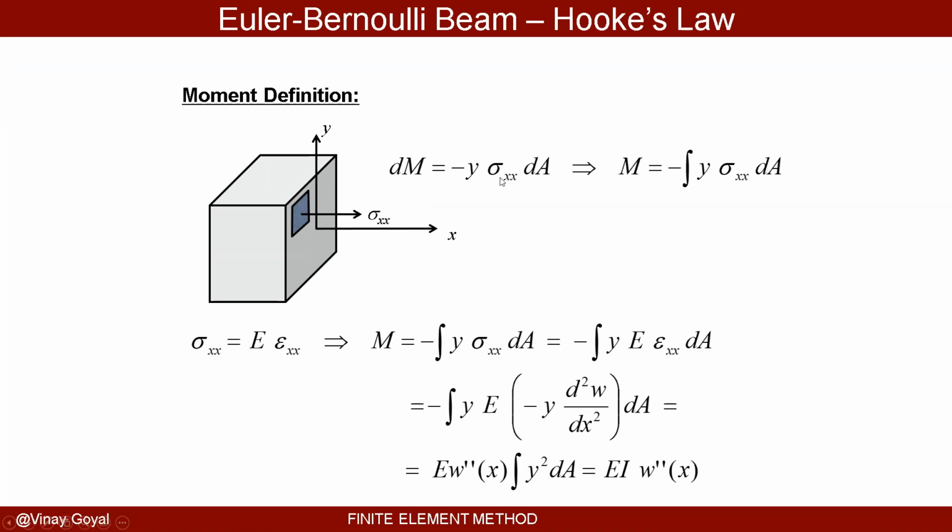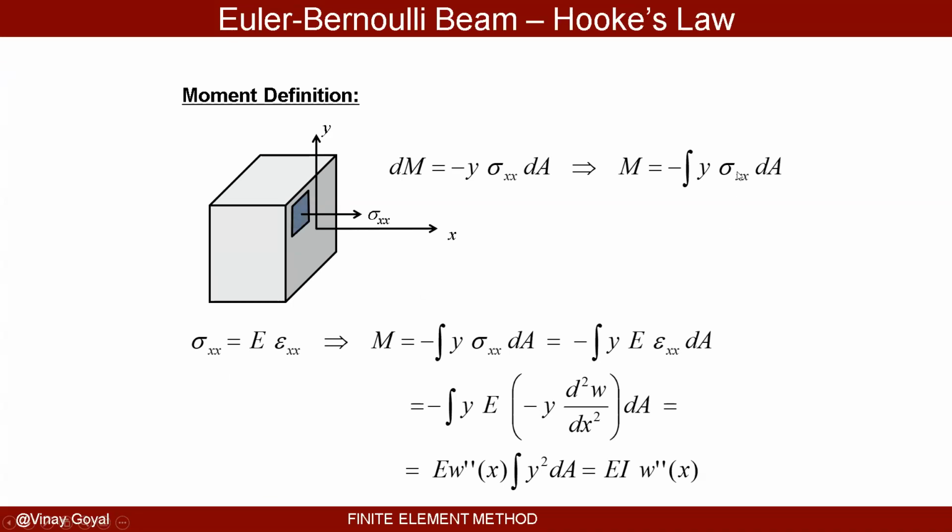I have minus y sigma xx dA. Now I can integrate this equation over the area, and I get M equals the integral of minus y sigma xx dA. If you recall, sigma xx equals E times epsilon xx. I can plug in the idea that the stress equals the modulus times the axial strain into this equation.